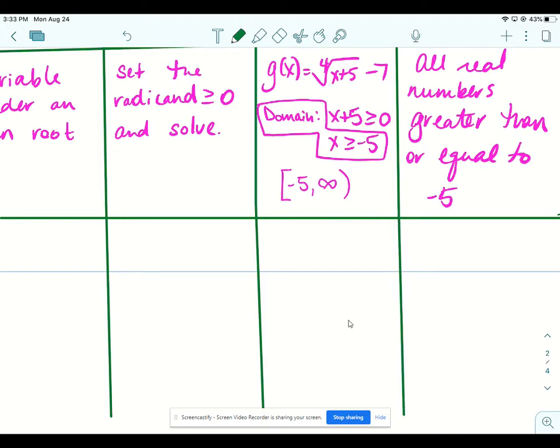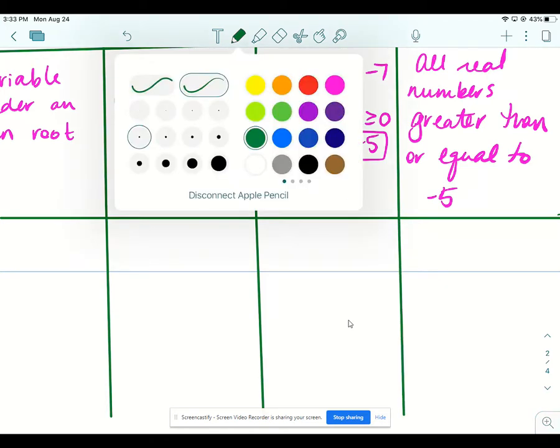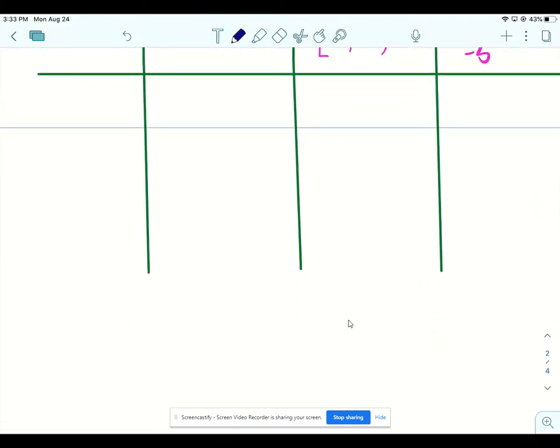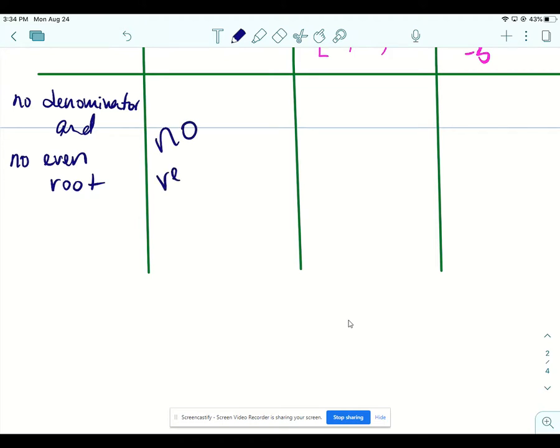Okay, so now the last thing that we could have is no denominator and no even roots. So when that happens, it's awesome because there are no restrictions on your domain.